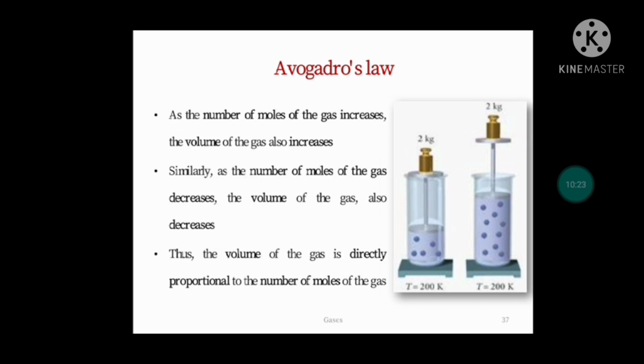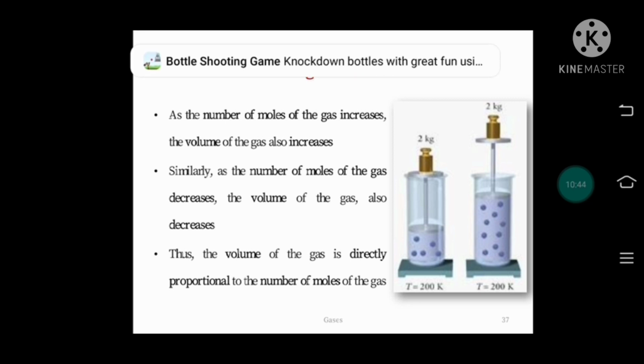For example here, as the number of moles of gas increases, the volume of the gas also increases, and similarly if the number of moles of gas decreases, the volume of gas also decreases. So volume of the gas is directly proportional to the number of moles of the gas. If you are increasing the number of moles, volume is also going to increase.